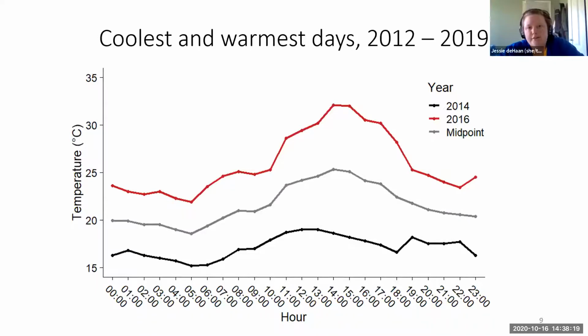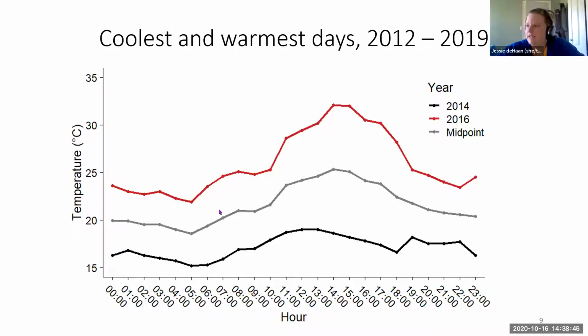Recall that I gathered historical weather data for June to August from 2012 to 2019. This figure on the slide just shows the hourly temperature across the course of the day. And on the y-axis, we have the temperature. The red line represents the day with the hottest daily temperature that I found, and that corresponded to a date in 2016.